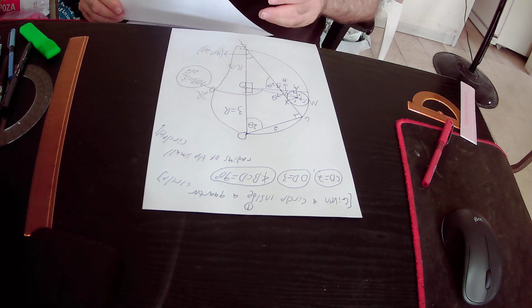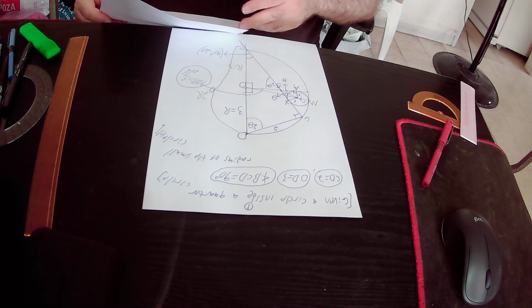So we derive this equality according to the rule that corresponding angles in congruent triangles are equal to each other.